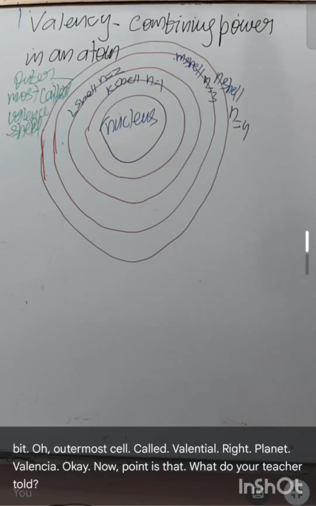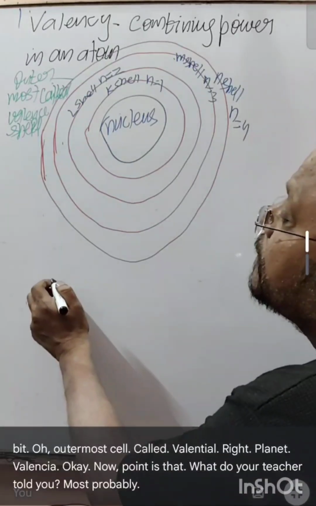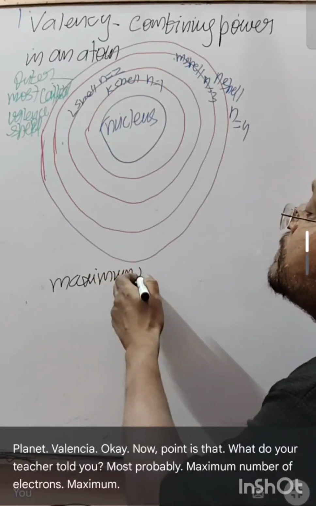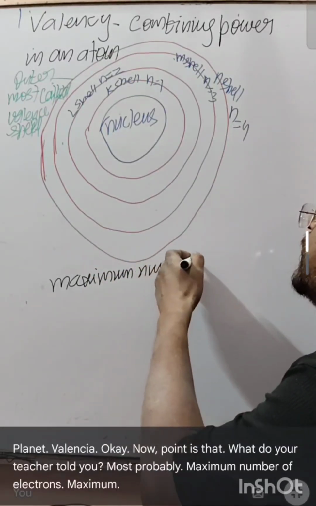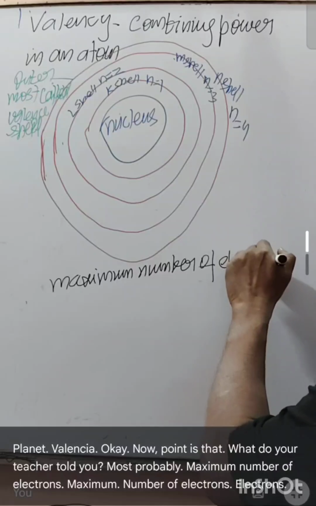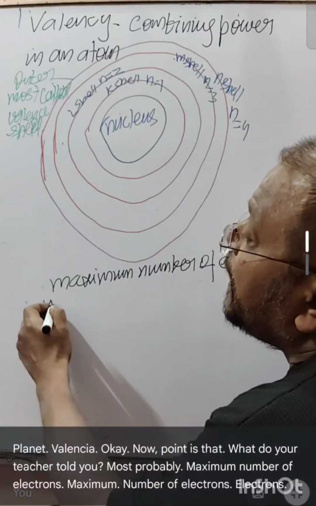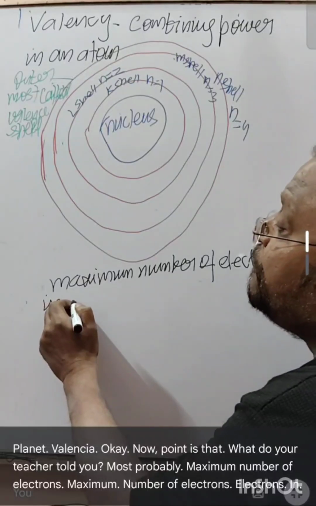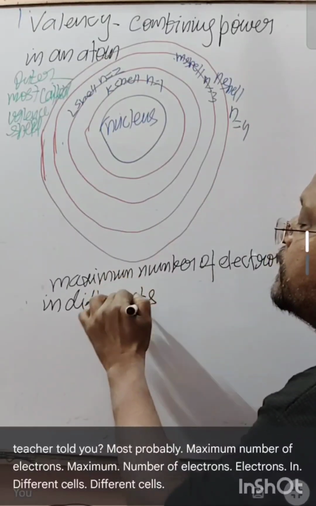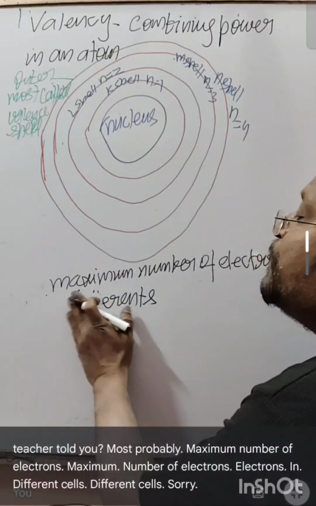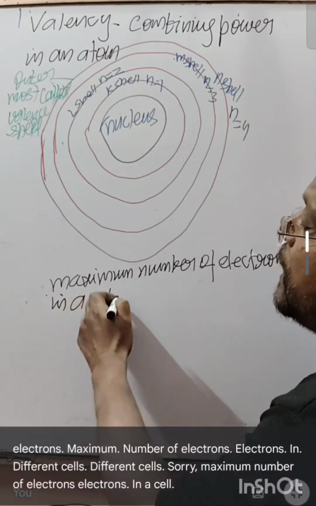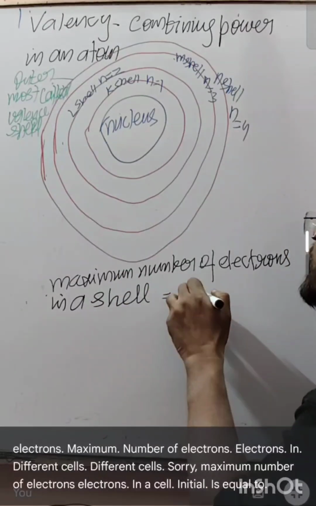Now the point is, what your teacher most probably taught you: the maximum number of electrons in a shell is equal to 2n square.